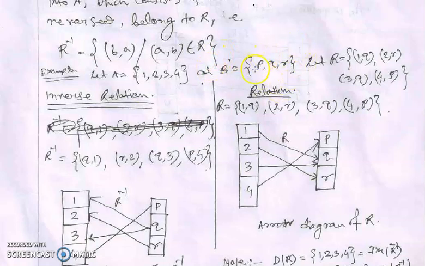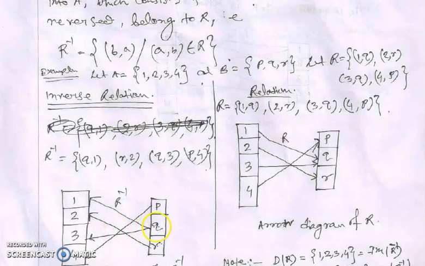B is the set P, Q, R. If we consider the Cartesian product A cross B and take a relation R according to this diagram with this previous example: (1, Q), (2, R), (3, Q), (4, P). So the inverse of the relation R should be (Q, 1).